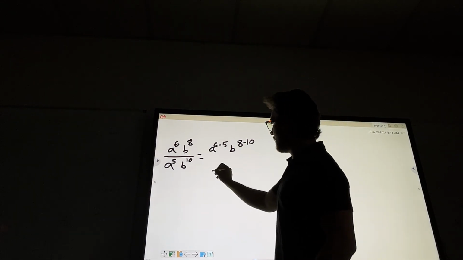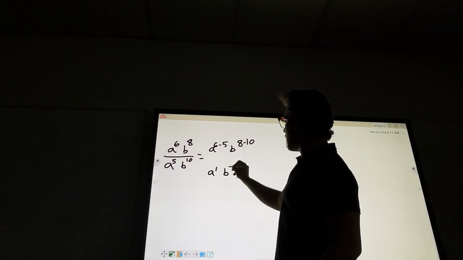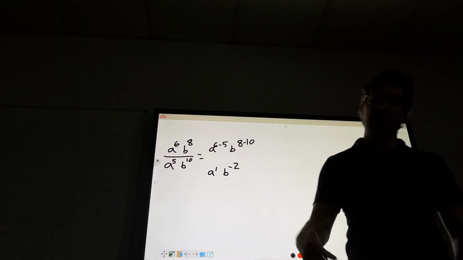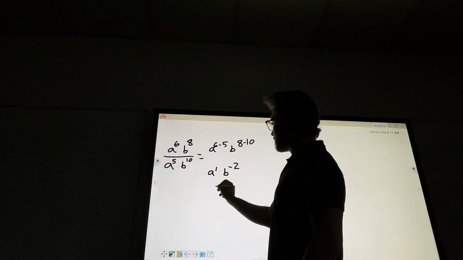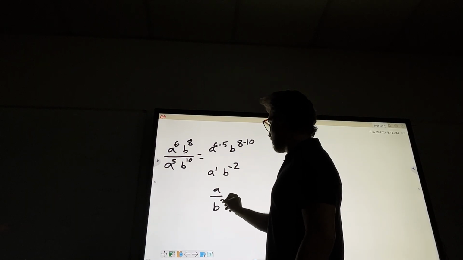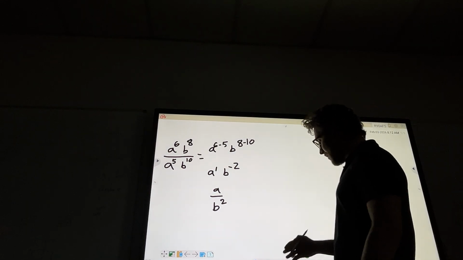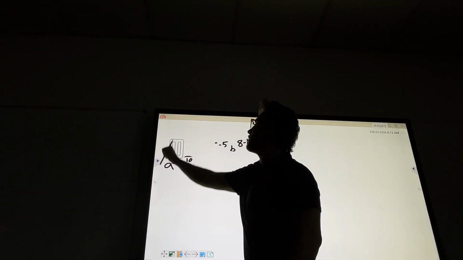We will have A to the power of 1 and B to the power of negative 2. We are not able to have a negative exponent, so we will rewrite this as A over B squared. If we're able to understand this so far, we are in a really good place for success.